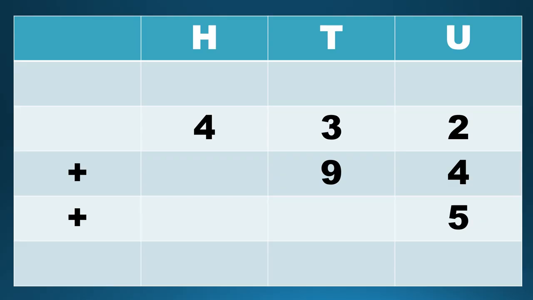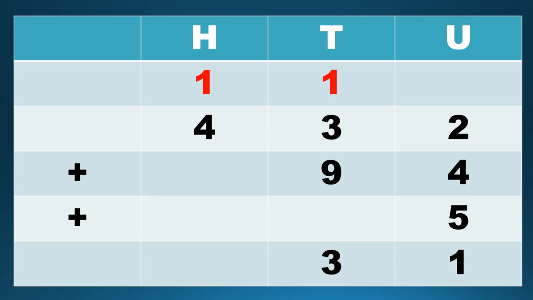Let us now add 432 plus 94 plus 5. So we begin by adding from the units place. 2 plus 4 plus 5. The answer is 11. 1 is in the units place and you have carried over 1 to the tens place. So we have 3 plus 9 plus 1, which is the carryover.